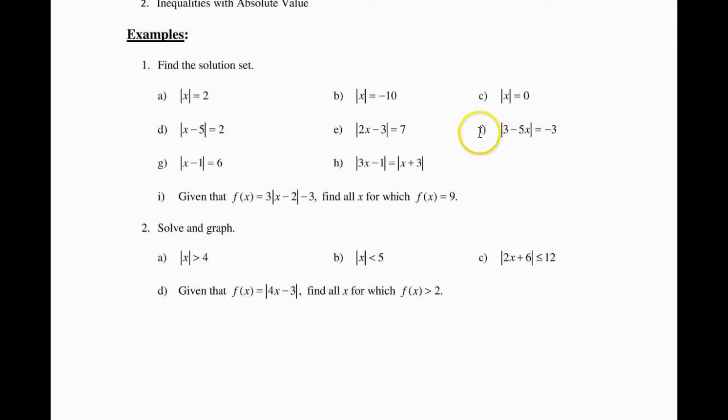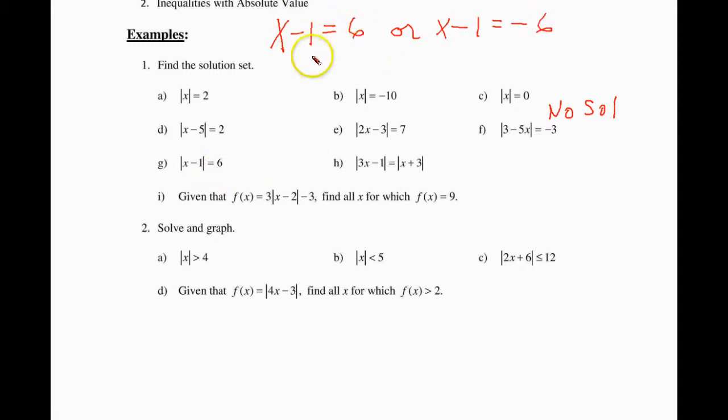Now, once again, when you see letter F, they're saying the absolute value of something is a negative. Can't have that. So this is no solution. And here's another. There's not that many, so we'll just do it. x minus 1 equals 6, or x minus 1 equals a negative 6.